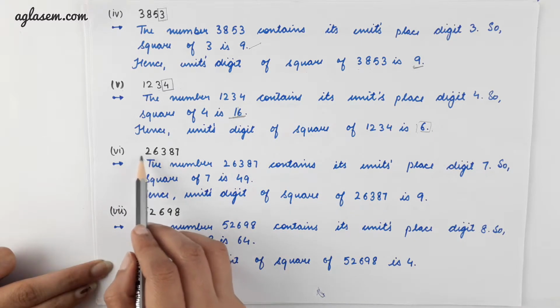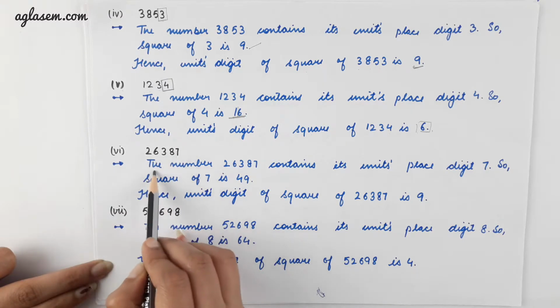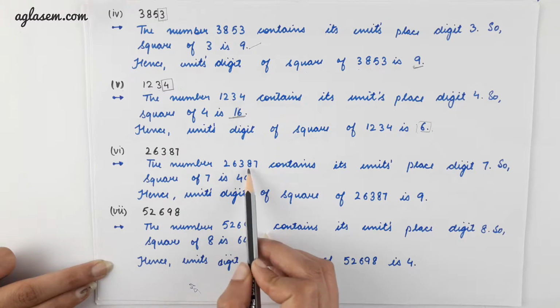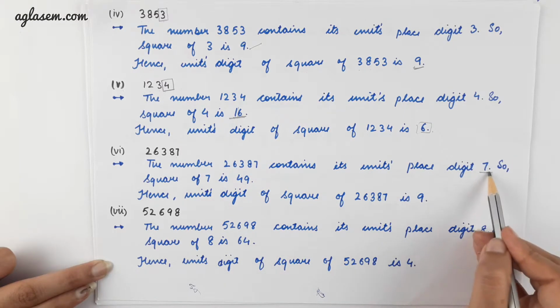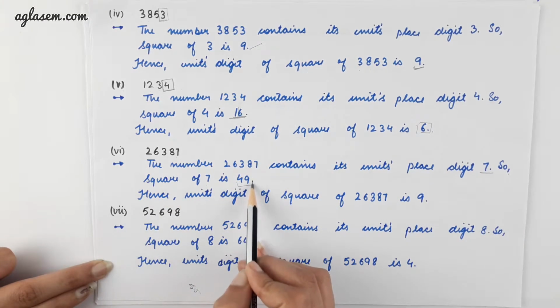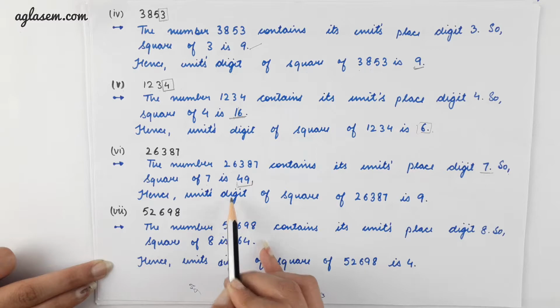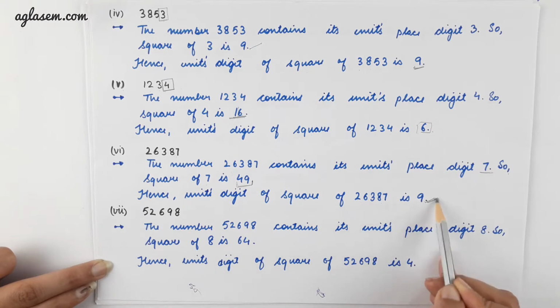Coming to the sixth part, it is 26387. The number 26387 contains its unit place digit as 7. Therefore, the square of 7 is 49. And the unit digit of the square of 26387 is 9.